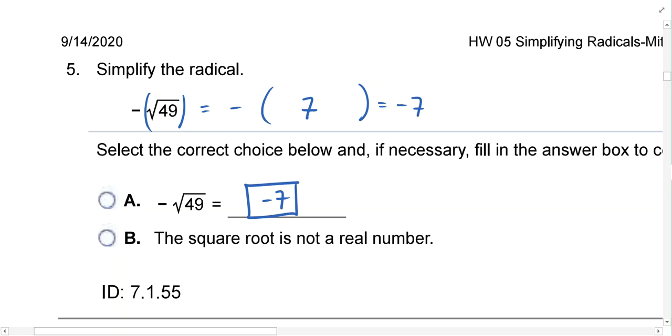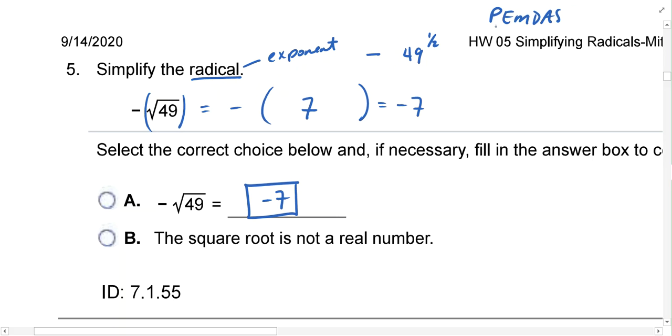One thing to keep in mind is that a square root symbol, a radical symbol, is really the same as an exponent. In fact, we could even write this problem as the negative number 49 to the 1/2 power. And when we're simplifying expressions like this, we always follow the order of operations, PEMDAS.